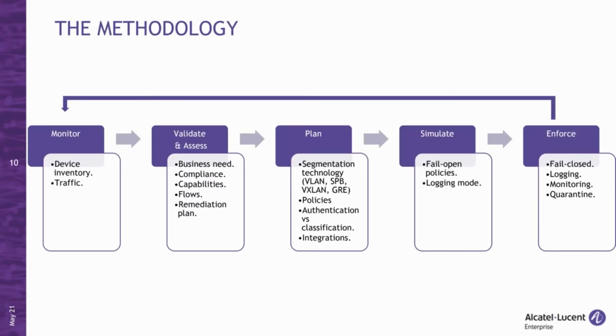And here's those 5 phases that we've been talking about. Let's describe them one by one. First, and before doing anything else, let's start monitoring and building a map and inventory of what we have. Phase 1 is to monitor.